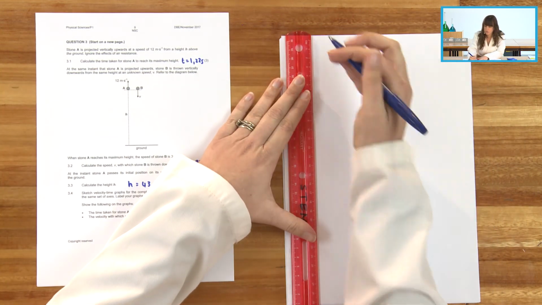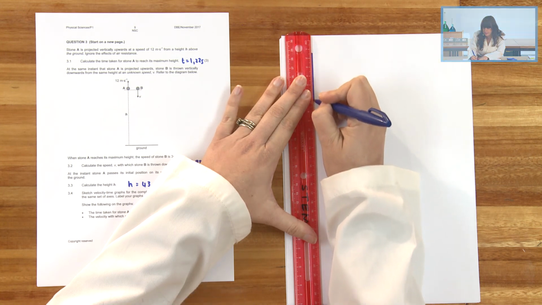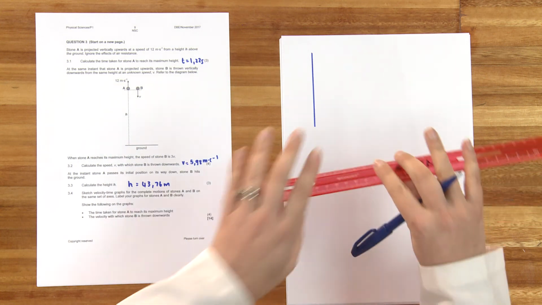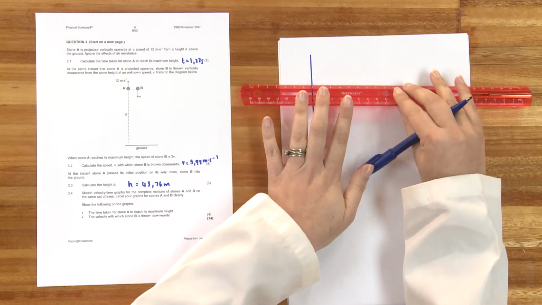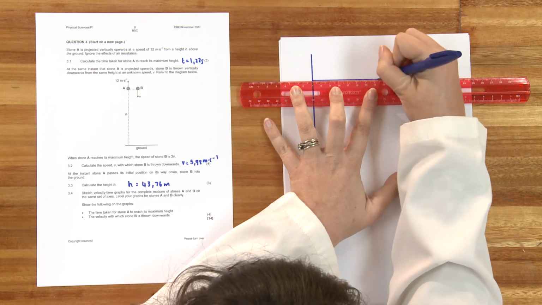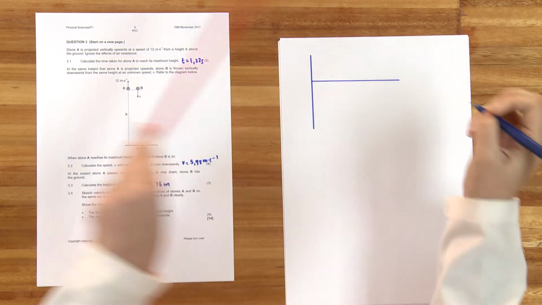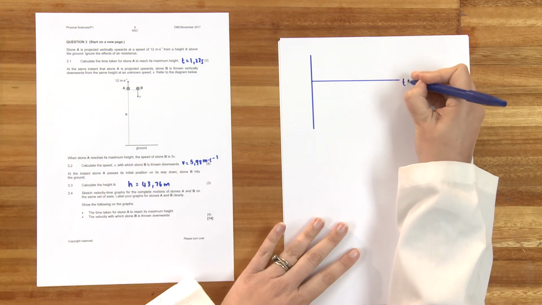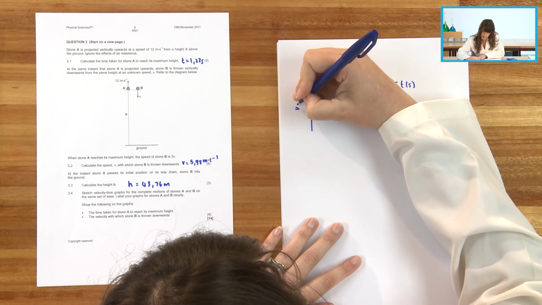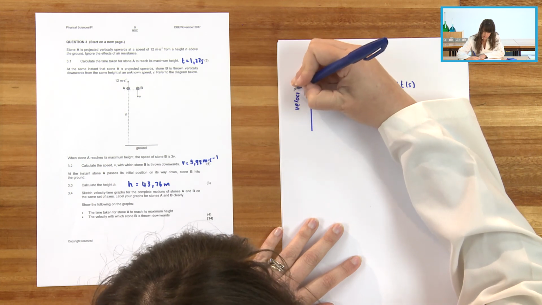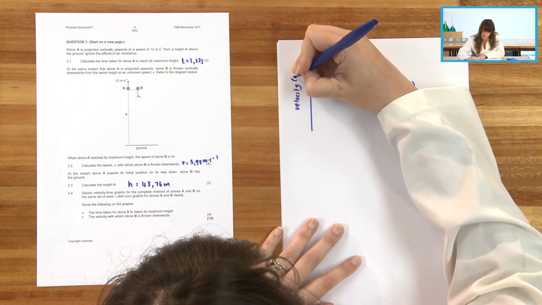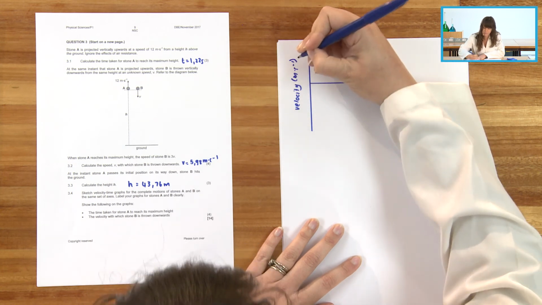First things first, we're going to draw in our axes nice and accurately. Right, so this is time in seconds, and on this side we have velocity in meters per second.